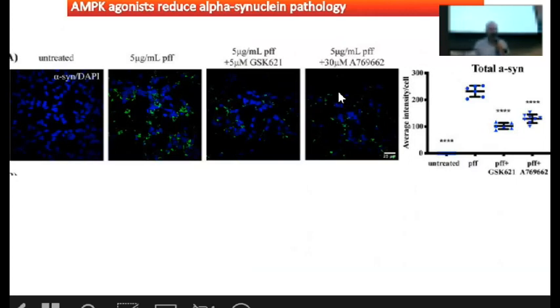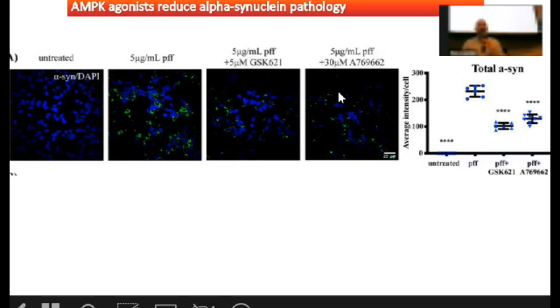Here's another example that we've published. Here we're using drugs that activate another protein called AMP kinase. So we start with our drugs. In this instance, we can give them a trigger to cause the alpha-synuclein pathology, so we can kind of make it look like the cells have Parkinson's disease. And then again, we can give our other two drugs.